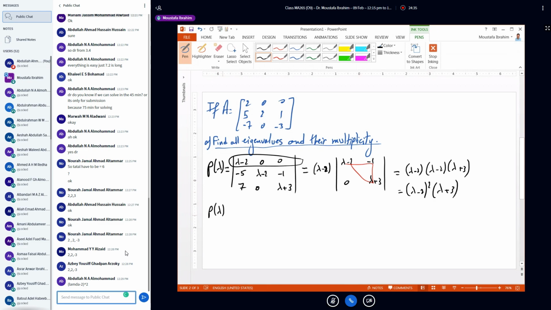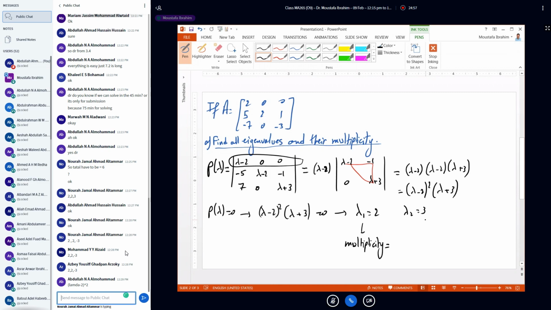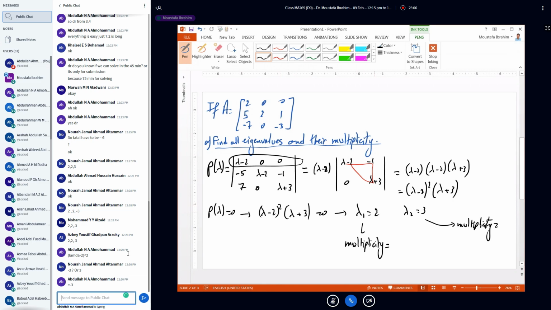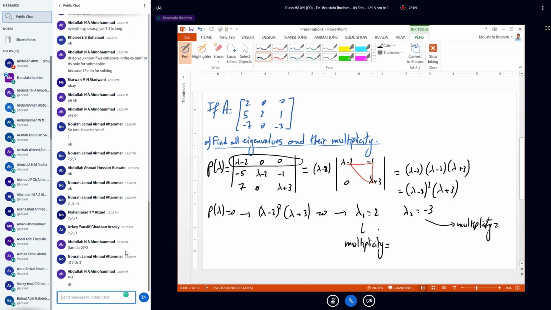So P lambda equals 0. We get eigenvalues: lambda minus 2 squared, lambda plus 3 equals 0. So we get lambda 1 equal 2, lambda 2 equals minus 3. Multiplicity equal what? So here, minus 3, very good.